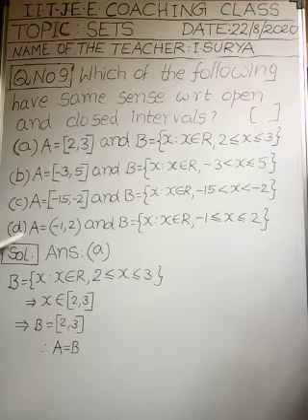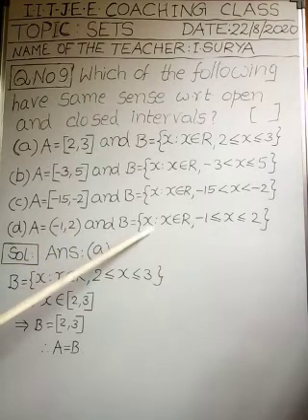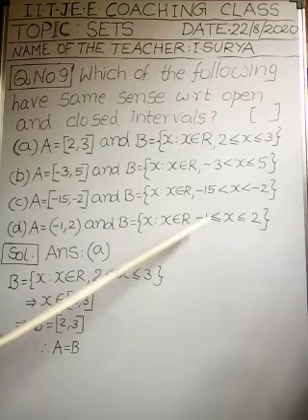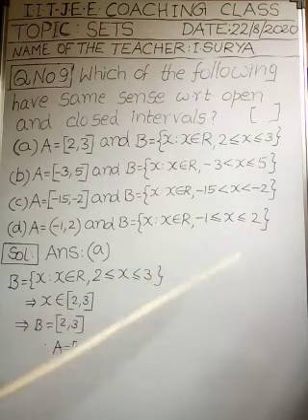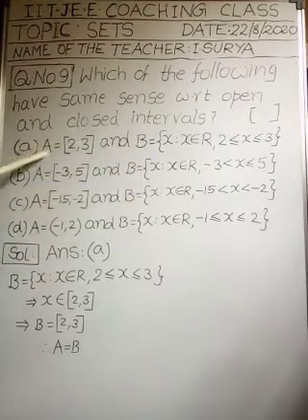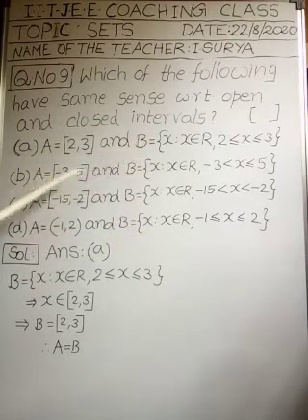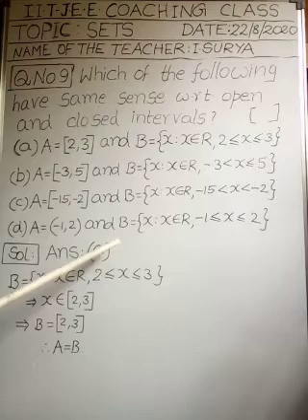And fourth option, A is equal to open interval minus 1, 2 and B is equal to the set of all x such that x belongs to R, minus 1 less than or equal to x less than or equal to 2. So we have to verify whether these two sets are equal, in each option.